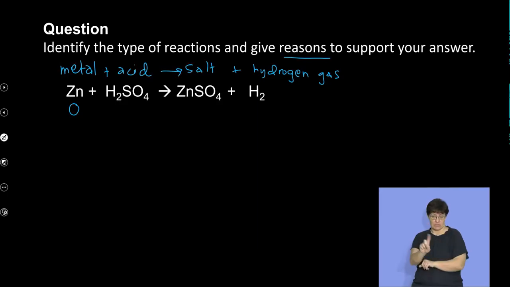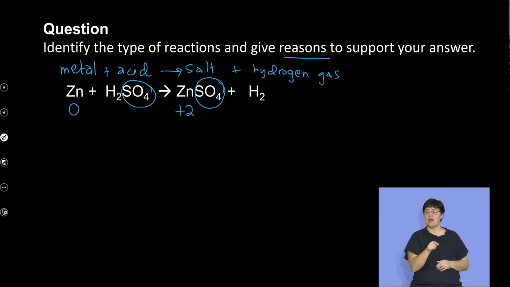So if we look at zinc, on this side zinc is plus 2. And if you check, the zinc undergoes loss of electrons in this case. While if you check the sulfate ion, it is a spectator because its oxidation number does not change. So we can represent the change in the oxidation number of zinc using a half reaction.